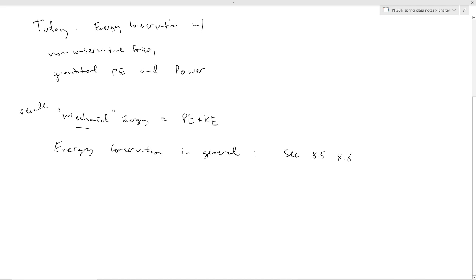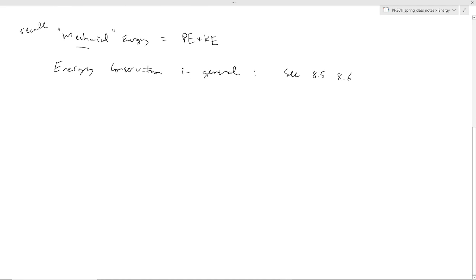So a good way to keep it organized is if you look at the mechanical energy that you start with, it's going to equal the mechanical energy that you end with. So far, those are provided there isn't any friction or anything like that.